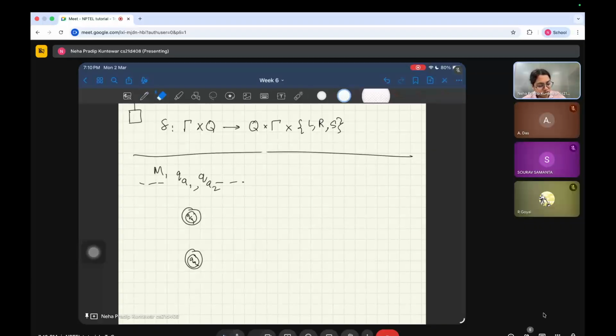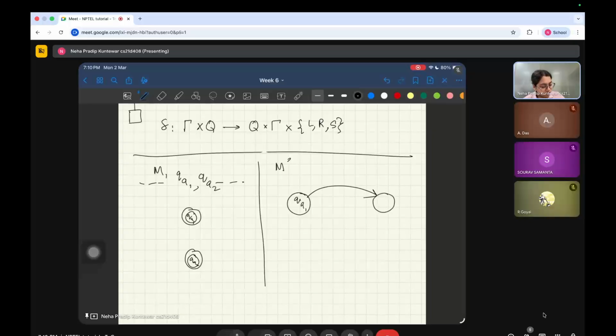Now what you could do is come up with an M prime where, whenever you reach QA1, you move to this new state Q. If you ever reach this, all you do is go to Q. Similarly, if you are at QA2, you immediately go to Q. Then this Q acts like a new final state, and no matter what you see from this point, you are always going to accept.